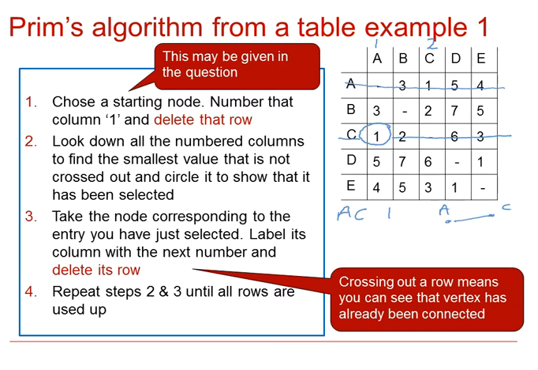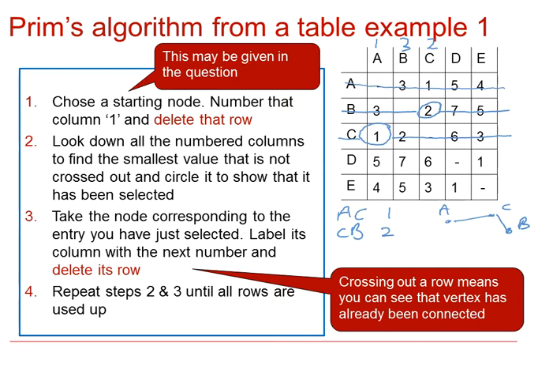So I'm now looking down column A with the 3, 5, 4 and column C with the 2, 6, 3. And I'm going to choose the smallest in either column, which happens to be CB at 2. So then I will label column B number 3 and I will cross out the rest of the row B. I am now looking down columns labelled 1, 2, 3, A, B, C, and I'm looking to see the smallest entry.